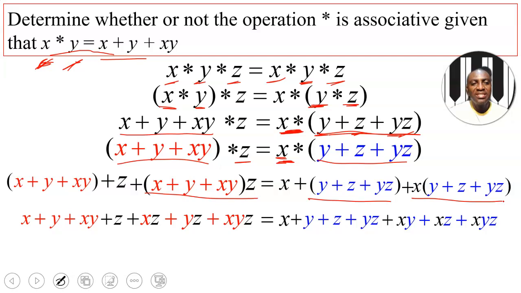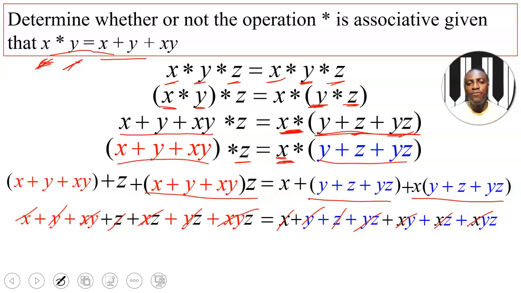Of course, you can see that x is here, x is here, y is here, y is here, xy, xy, z alone. Here too we have z alone. We have xz here, we have xz here, we have yz, we have yz, and we have xyz, we have xyz.